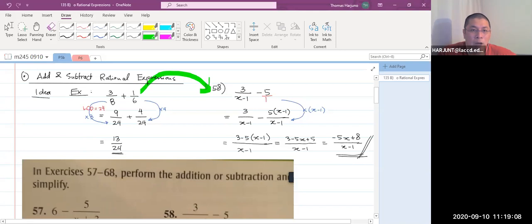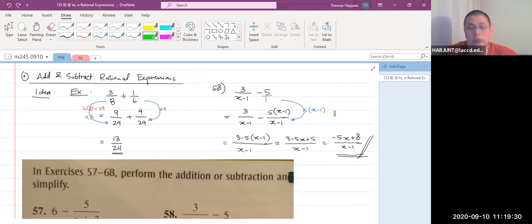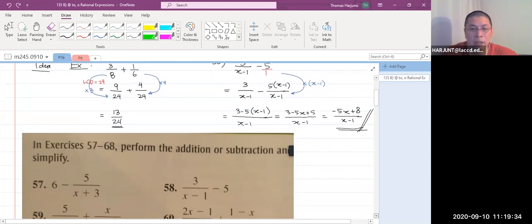For us to add fractions, we need to have a common denominator. We need to have a common denominator and equivalent fractions before we combine them by adding or subtracting. That's the basic idea, okay? Now, how to execute it in a more complicated setting? Of course, then we need to know factoring. We need to be good with distribution, foiling, and so on and so forth.